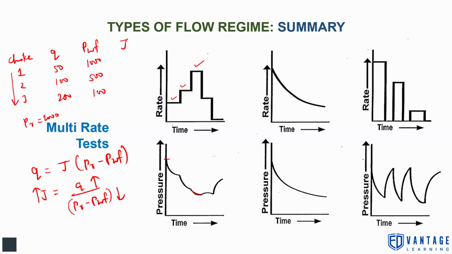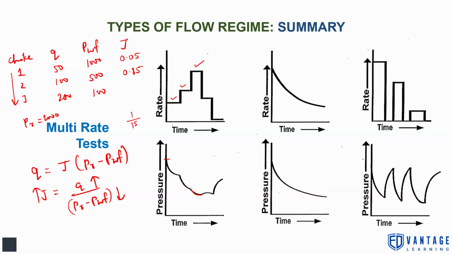So my J would be, in the first case, 50 by 1000, which is 0.05. Second case, 100 by 1500, which will be 1 by 15. Anyone can tell me what is the value of 1 by 15?